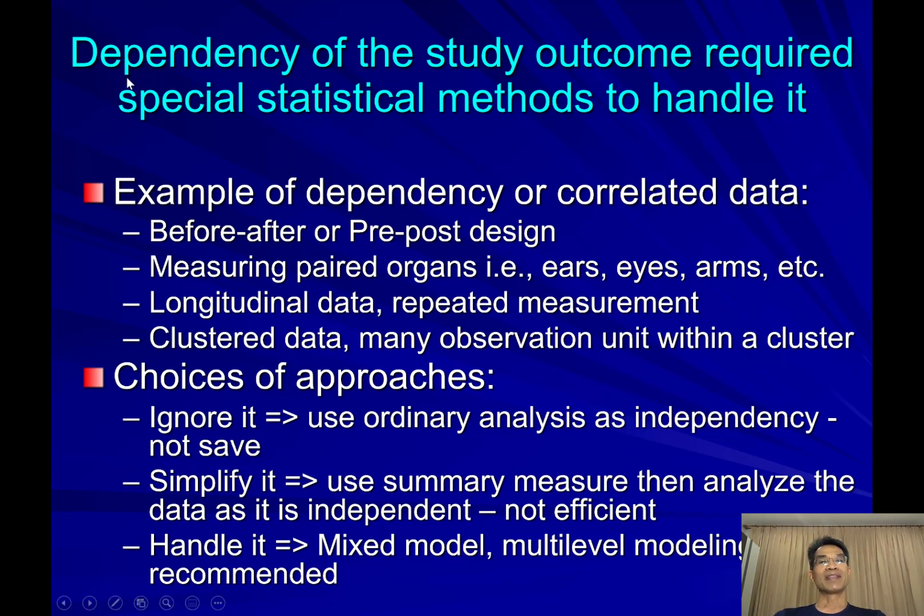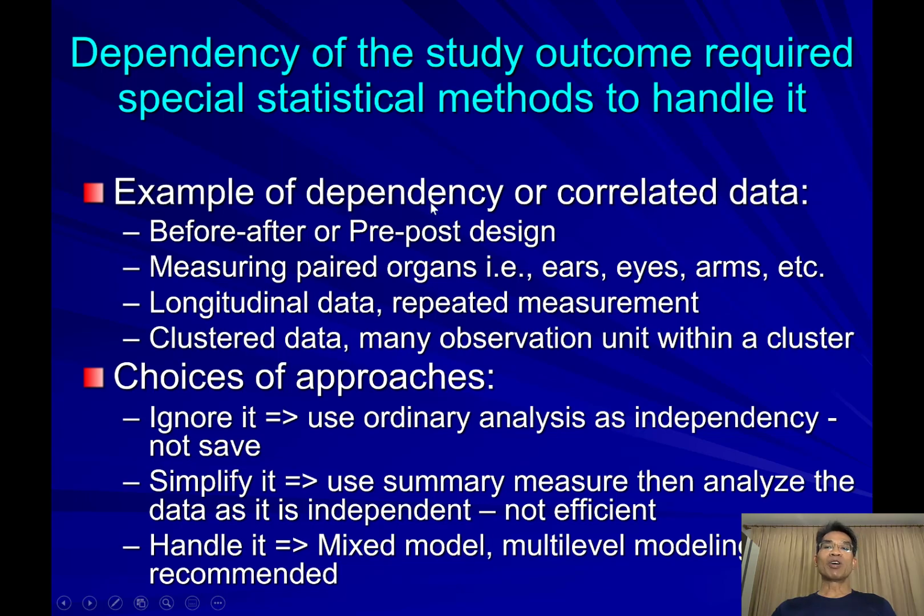If this is not the case, that means there is a dependency of the outcome across the observations, or dependency among observations. One outcome depends on another record. That means there is dependency among observations. It requires special statistical methods to handle it.